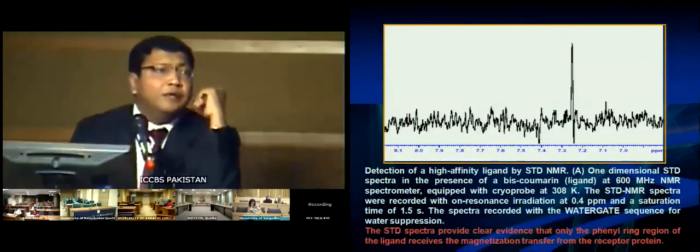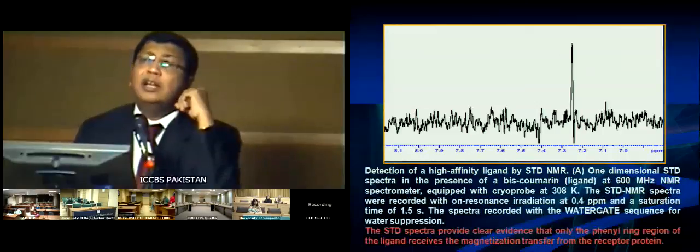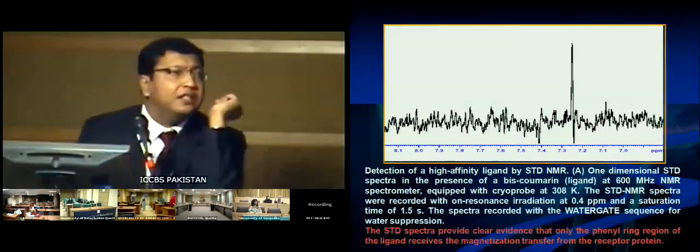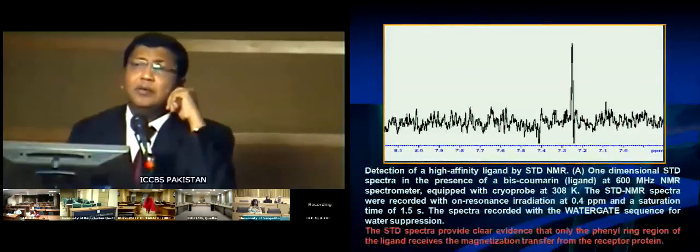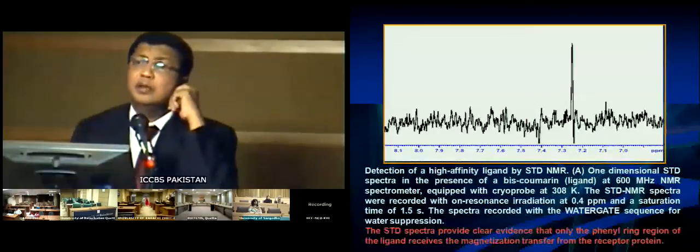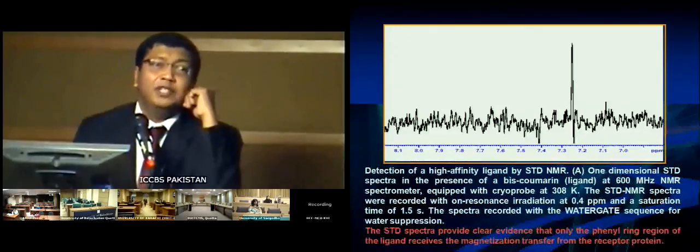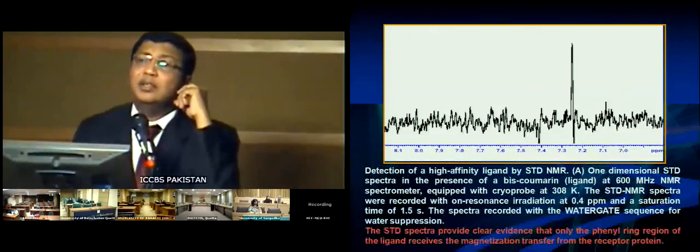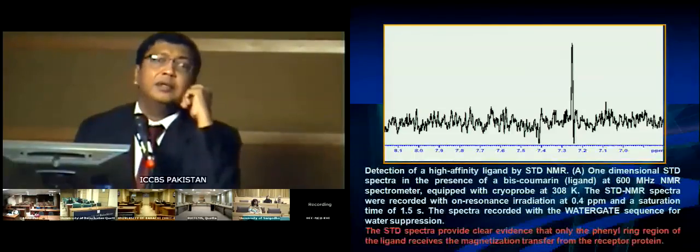But in order to cross-validate that it is really a real STD and not a false STD, you do it several times by selecting different regions of the protein, which are not in the region of the ligand. Always remember that if you irradiate in the region of the ligand, you would get nothing. Right? Okay.